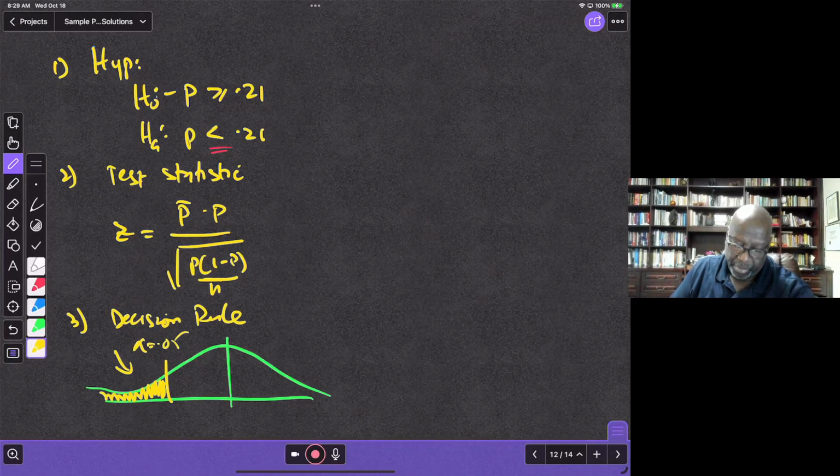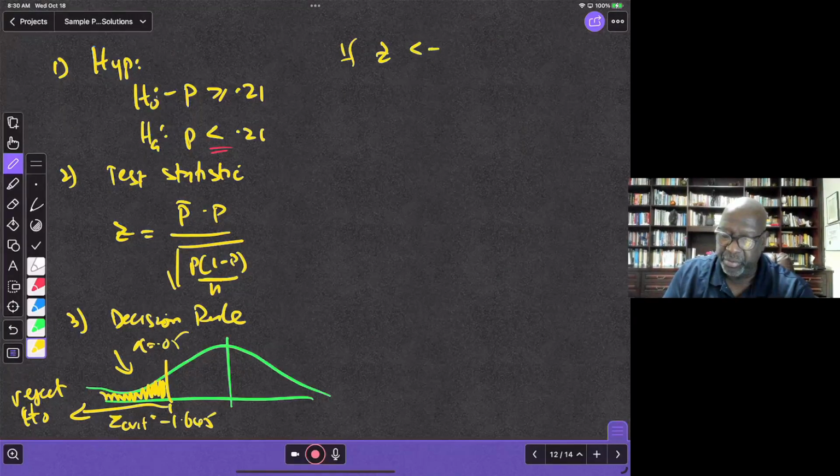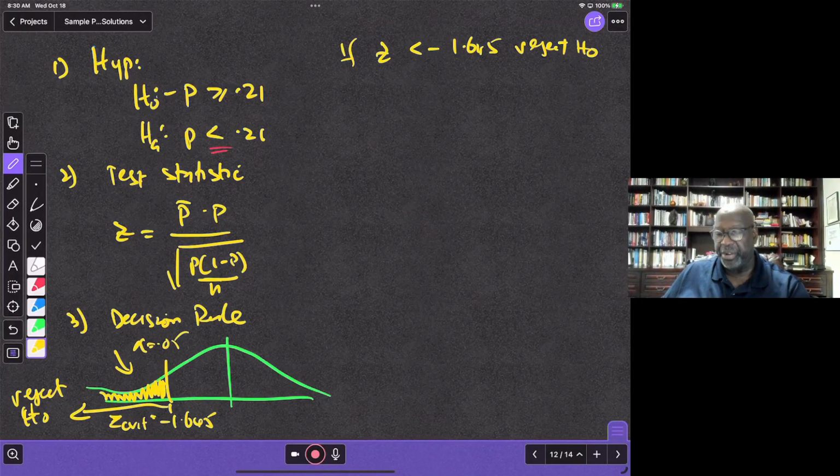This is a standard normal, so our Z critical is negative 1.645. Why negative? Because we're in the left tail of the distribution. So this is our rejection region right here. Reject H0 if our Z value is less than negative 1.645. Otherwise, we fail to reject it.